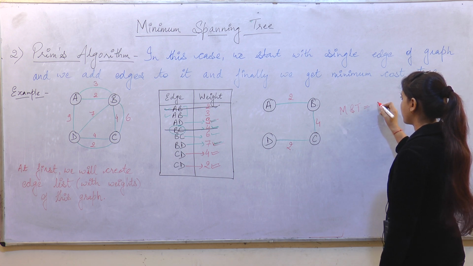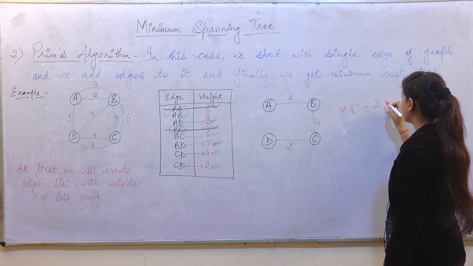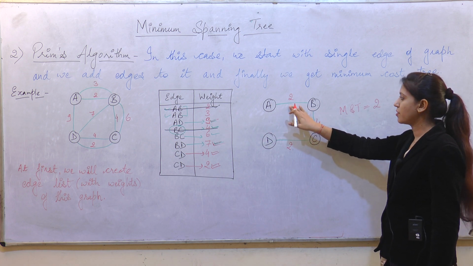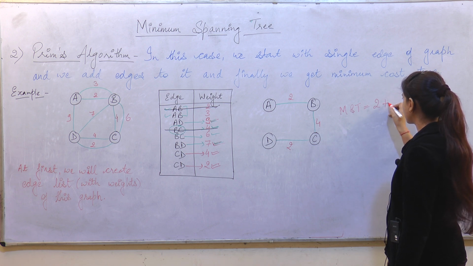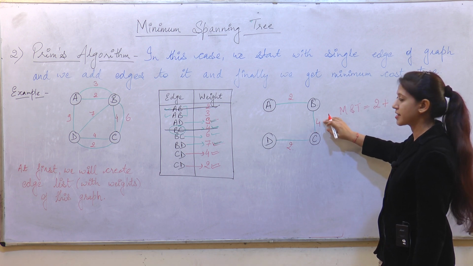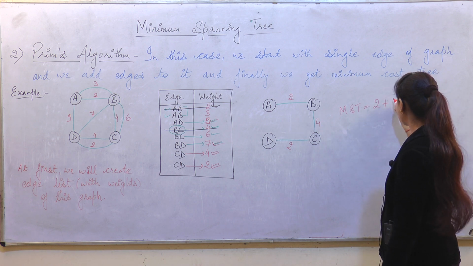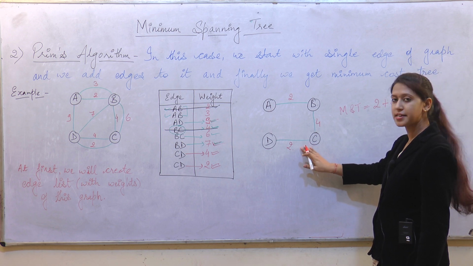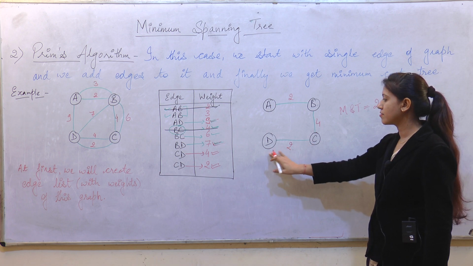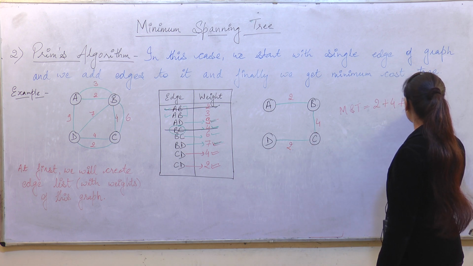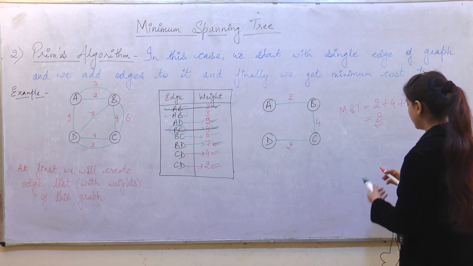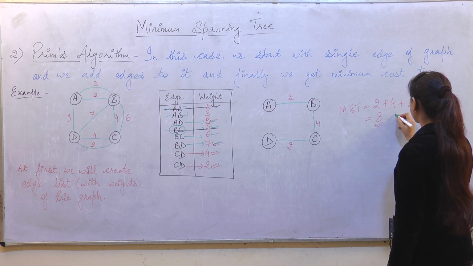The cost of this minimum spanning tree is weight 2 of the edge which is connecting node A and B, plus weight 4 which is connecting the nodes B and C, plus the third edge which is connecting the nodes C to D with weight 2, and it gives us the result 8.